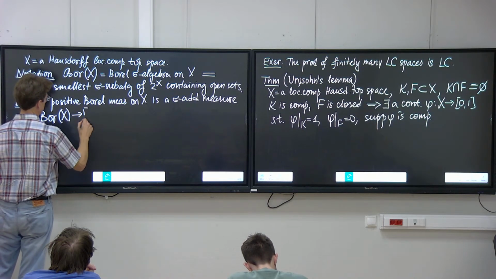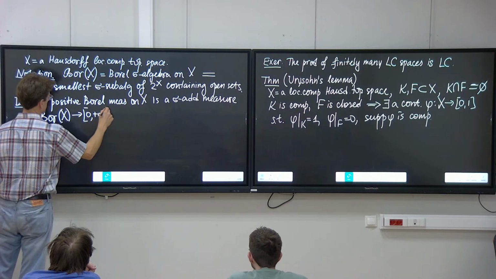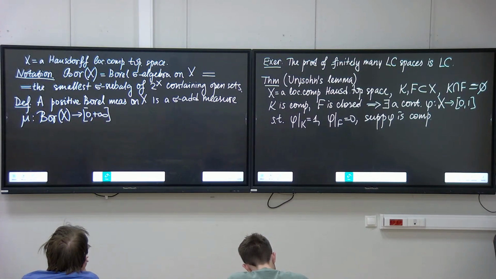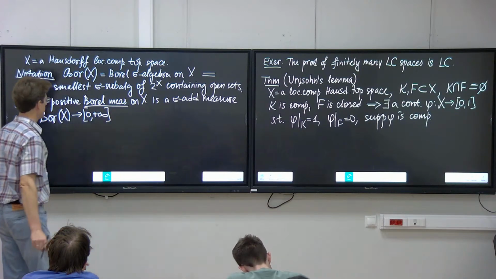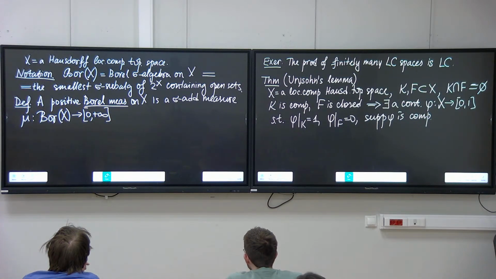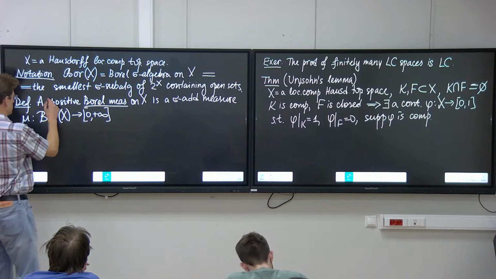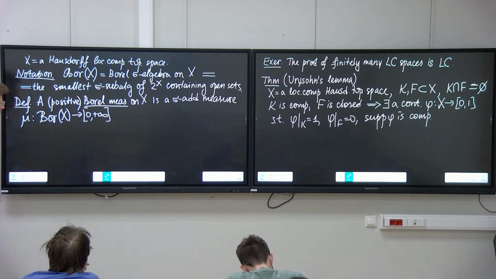But mu is not assumed finite, so it is possibly infinite on some sets. Now, today all Borel measures will be positive, so let me put this in brackets. Later we'll need also complex Borel measures, but today all Borel measures will be positive Borel measures.